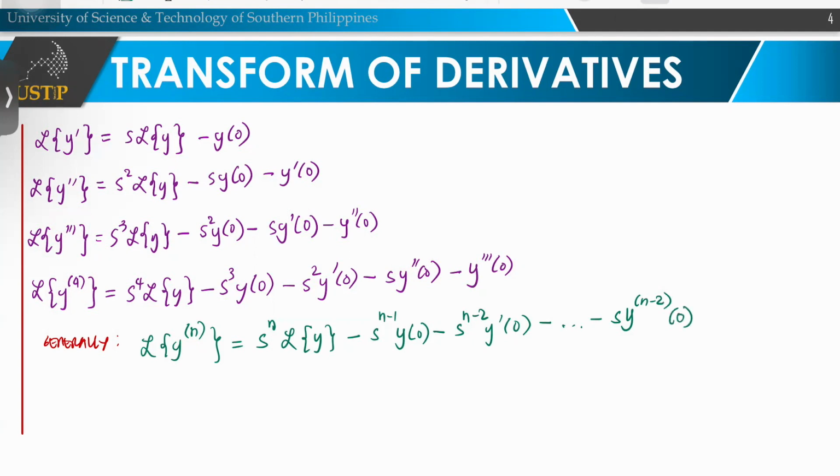Minus, after that, s to the 0, so we can just write y. Again, the last term is always one derivative lower, so that is n minus 1, of 0. That is the general expression of the Laplace transform of any nth derivative of y.